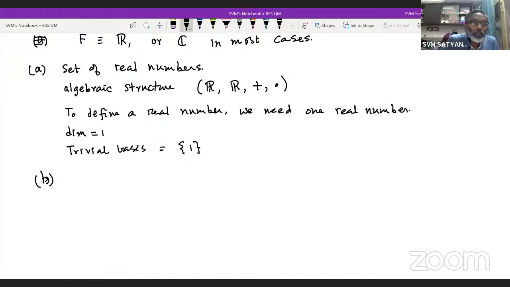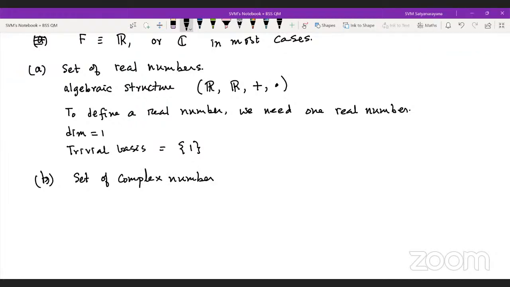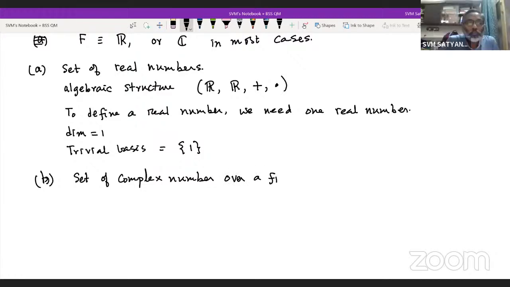Okay, so then the second one, B, we have the set of complex numbers over the field of real numbers.